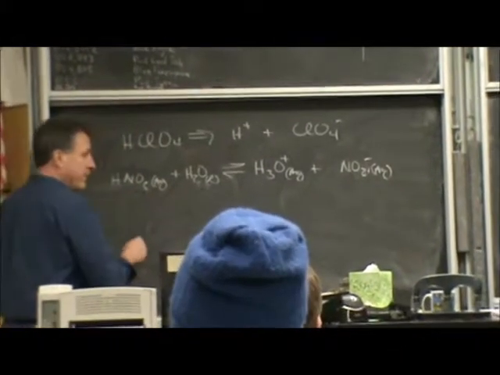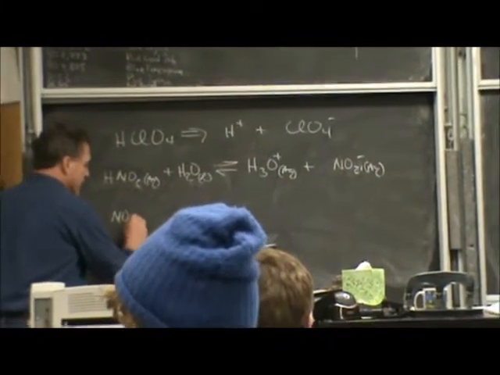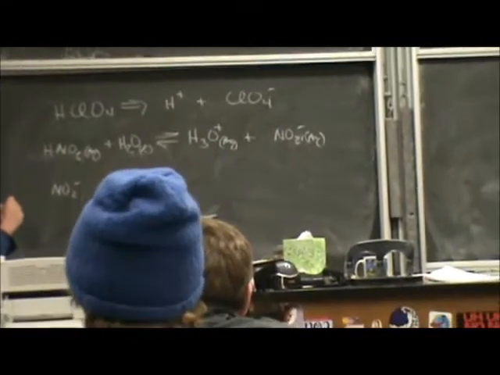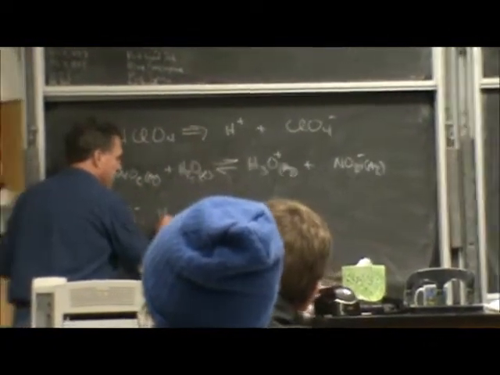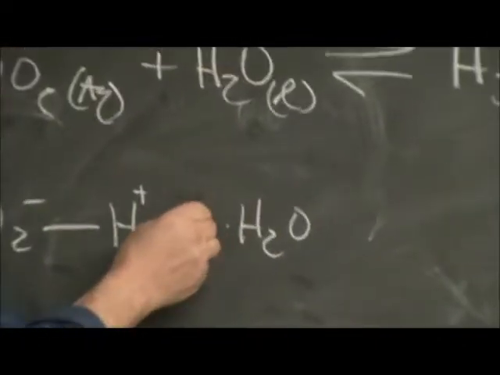Because here's what we have. We have two bases. Key point here. We have two bases that are competing for the hydrogen ion. It's a little tug of war. Here the hydrogen ion is attached to the nitrite ion and the water molecule is trying to take it away.